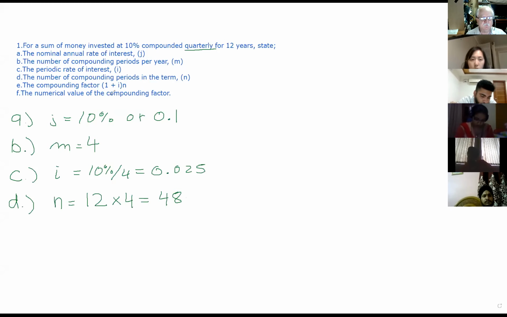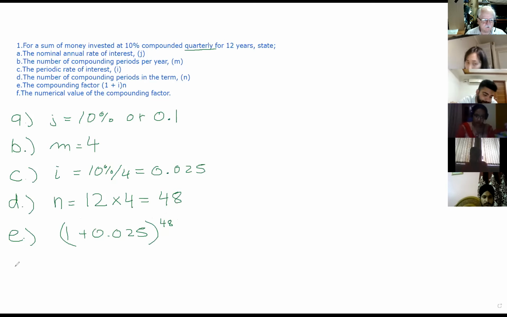And the compounding factor is going to be 1 plus I, which is 0.025 to the power of 48.